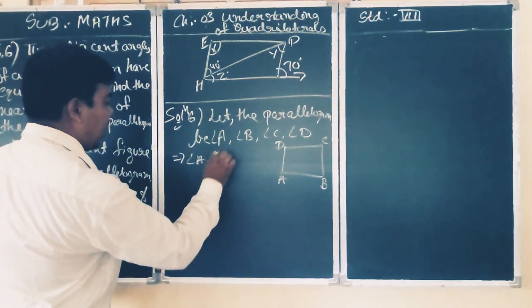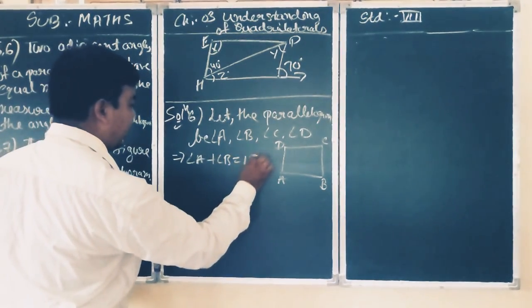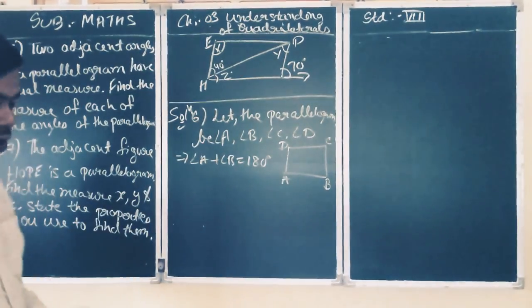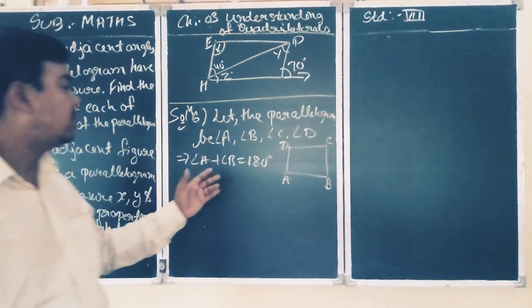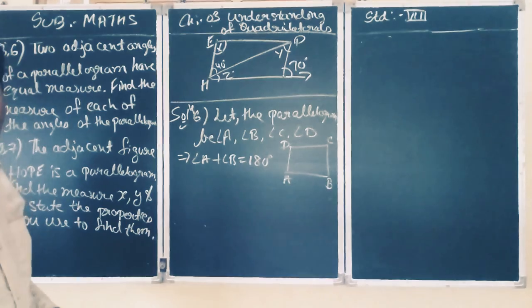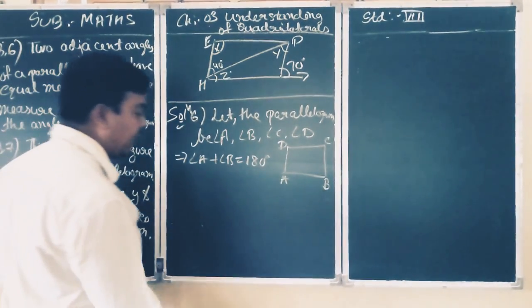Angle A plus angle B is equal to 180 degrees, because in a parallelogram, one property is that the sum of adjacent angles is supplementary, 180 degrees.